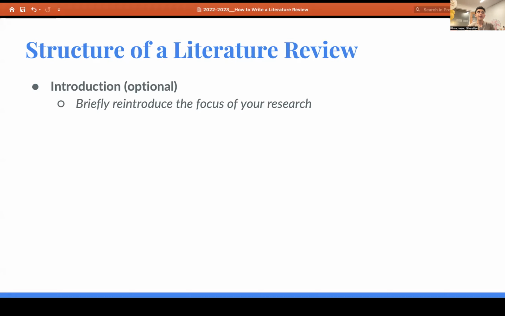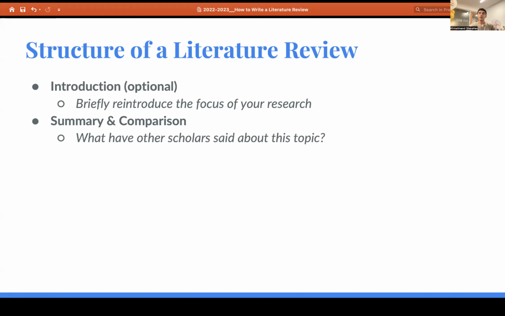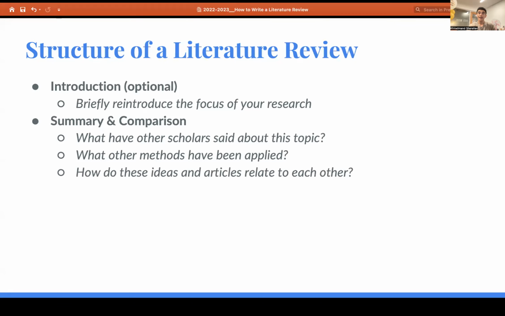So here you briefly reintroduce the focus of your research, what you are focusing on. And then the second is summary and comparison. So here you need to respond to the following questions. What have other scholars said about this topic? What other methods have been applied? And how do these ideas and articles relate to each other?